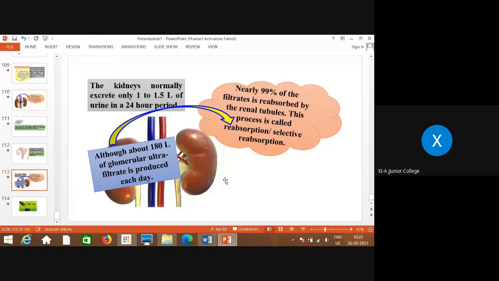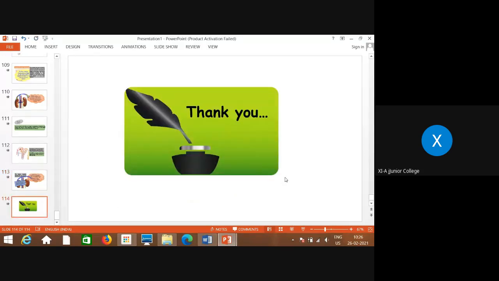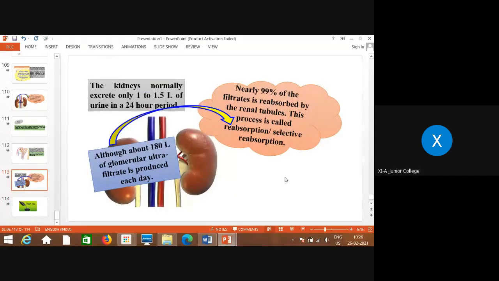So the kidney normally excretes only 1 to 1.5 liters of urine in a 24 hour period. Although about 180 liters of glomerular ultrafiltrate is produced each day, nearly 99% of the filtrate is reabsorbed by the renal tubules, and this process is called reabsorption or selective reabsorption. This is about the formation of urine.